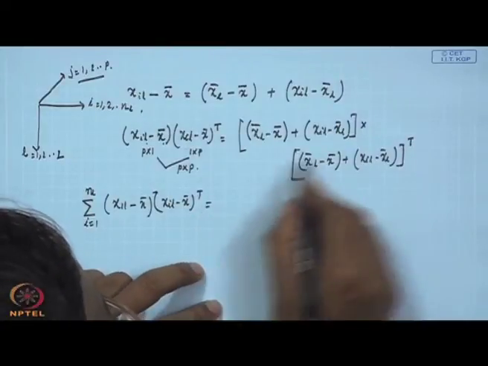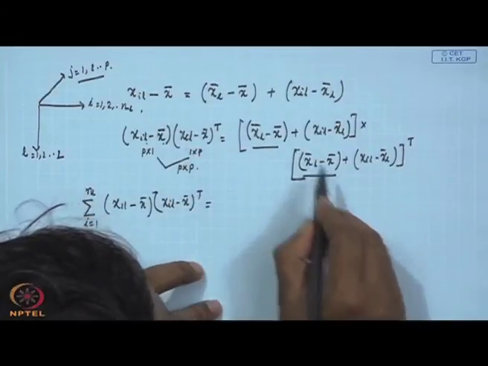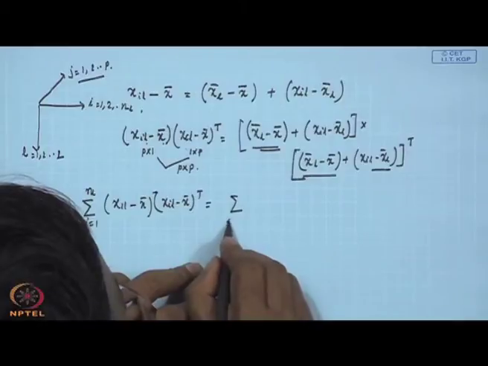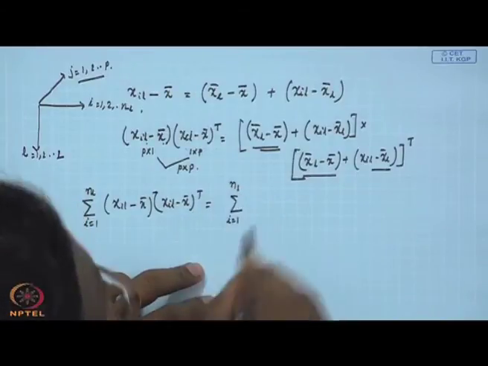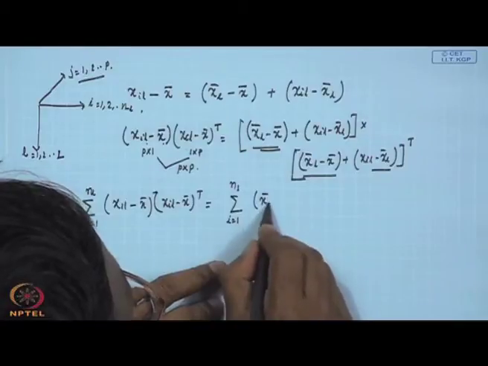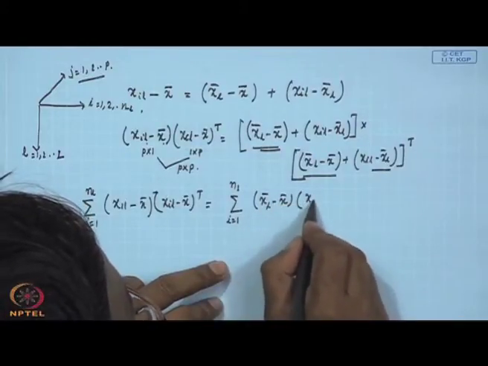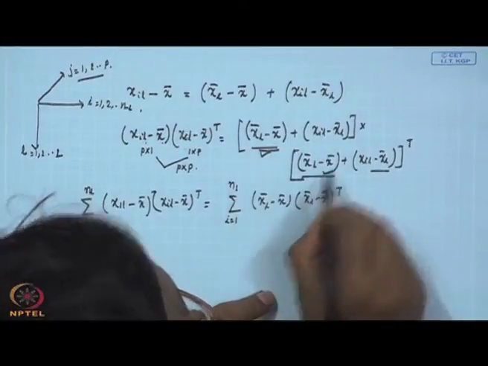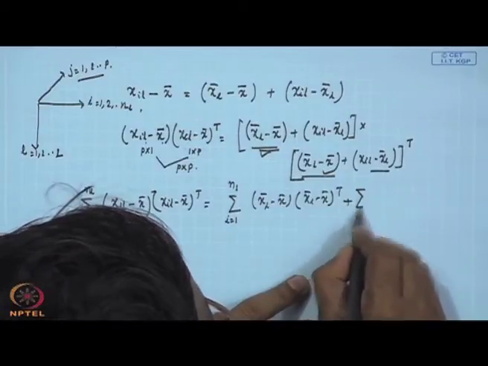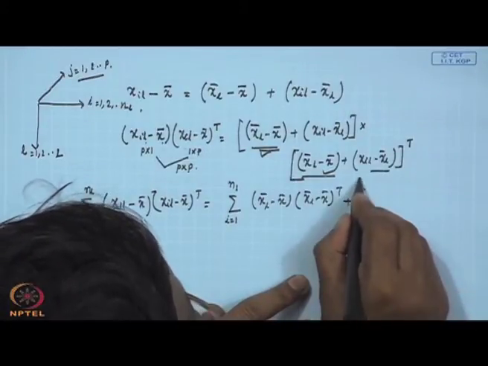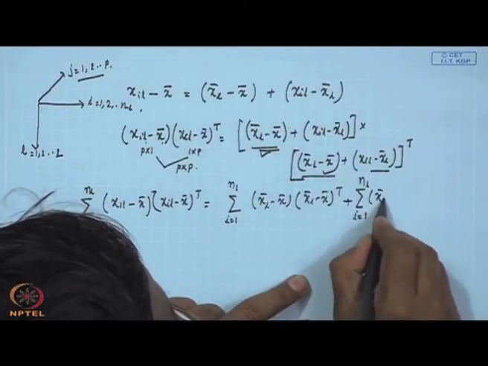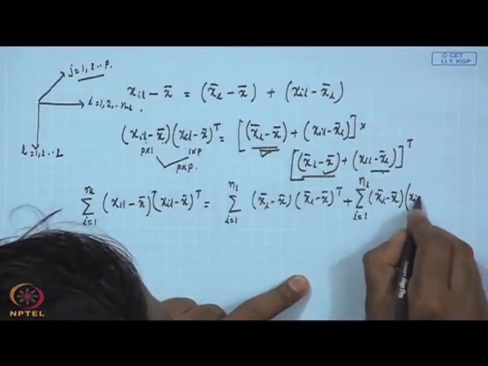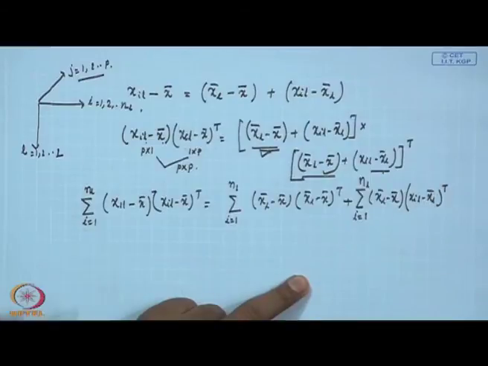If you multiply this into this, we get the sum over i equal to 1 to n_l of (x_l bar minus x bar)(x_l bar minus x bar) transpose, plus the sum over i of (x_l bar minus x bar)(x_il minus x_l bar) transpose.